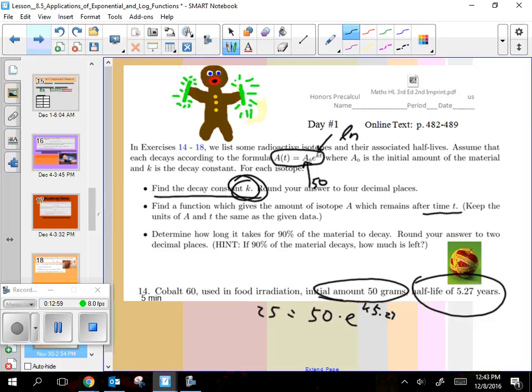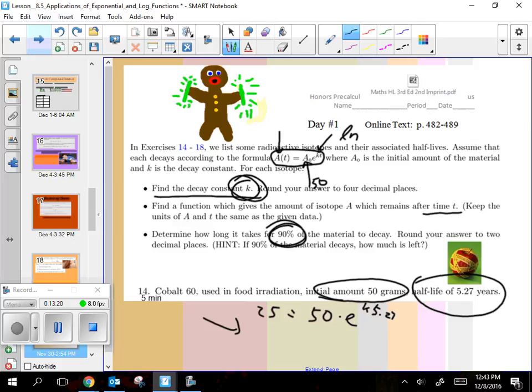You'll have to find that right here. Then they're going to ask you to find out that 90% thing. So that's where you take your 50, you find 90% of it, which would be 45. And the 45 is the end value that would go there.